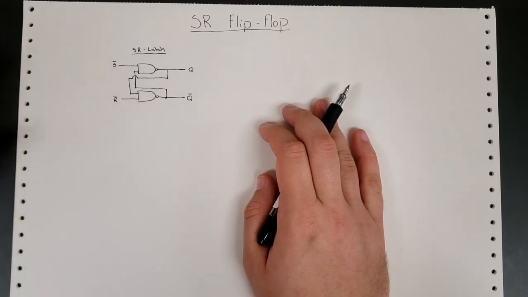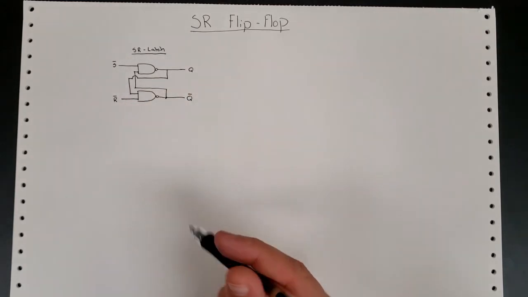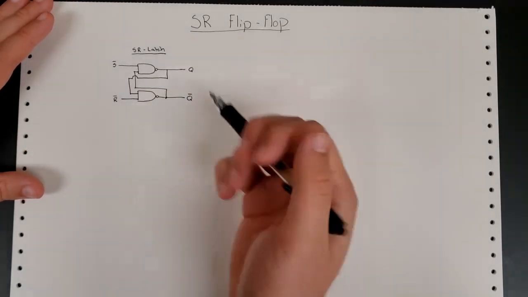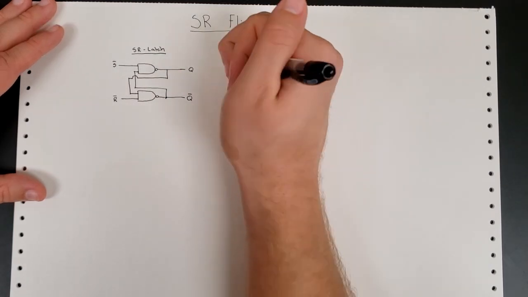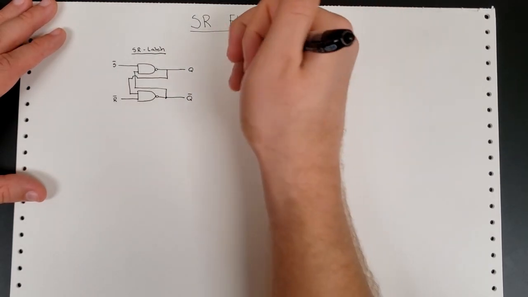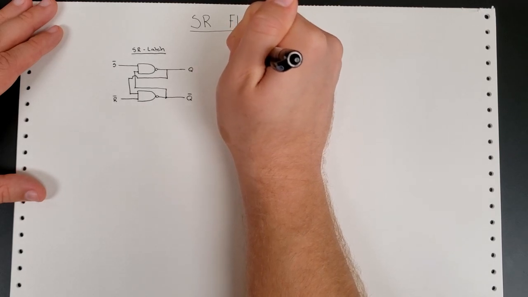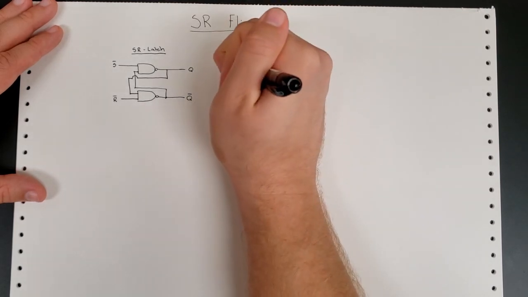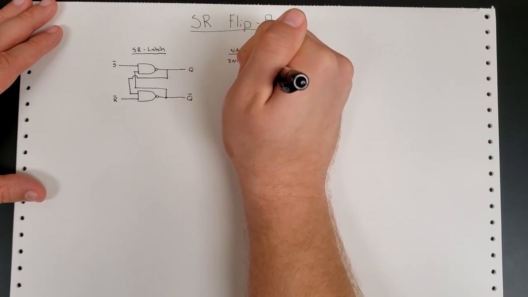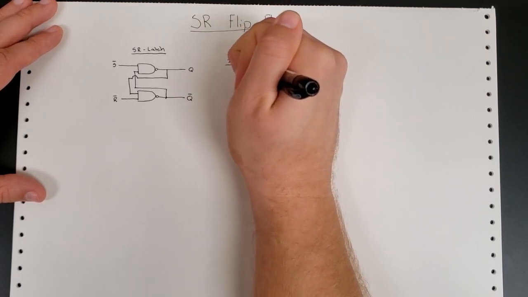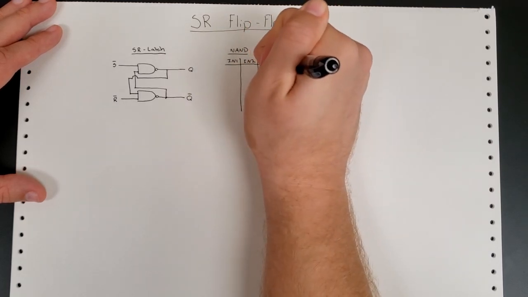And then we'll talk about the truth table for this SR latch. Before we get into it, these are NAND gates, so we need to remember what the truth table for a NAND gate looks like. For a NAND gate, we have two inputs, input 1 and input 2. Should look familiar from last week. And then we have an output.